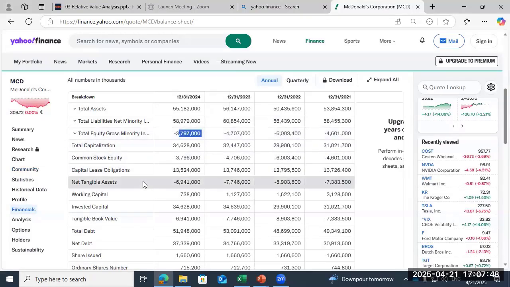You can't do a price to book. Same with Boeing, their net worth is negative. If they don't have a positive price to book, you can substitute 10 years of earnings, get a positive number. You get a very similar type of analysis. So sometimes that price to 10 years of earnings is a substitute for price to book because book value is negative.